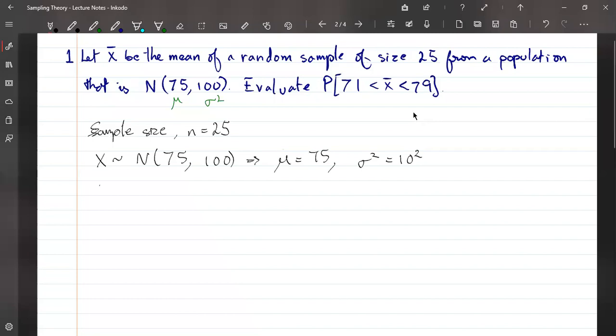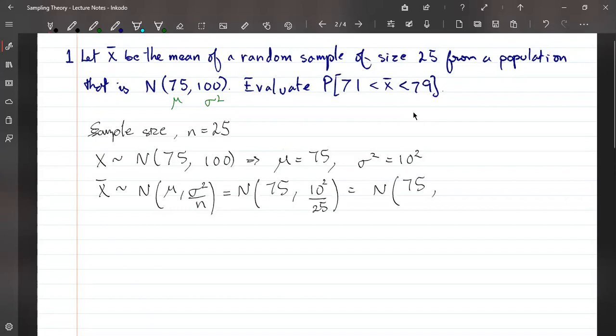Then we know from the theorem just stated that x bar will follow N(mu, sigma square by n), that is N(75, 100 by 25), that is 4, which I'll write as 2 square because I want to emphasize that it is sigma square, so that sigma is 2, not sigma square.